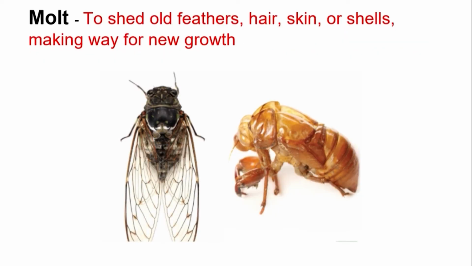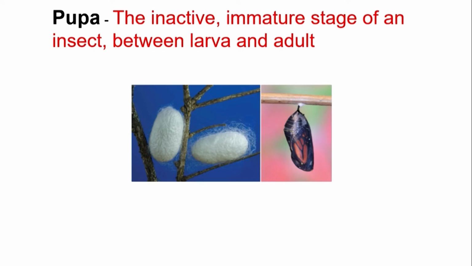Molt means to shed old feathers, hair, skin, or shells, making way for new growth. The pupa is the inactive, immature stage of an insect between larva and adult. And as you saw, that could be the cocoon or the chrysalis.